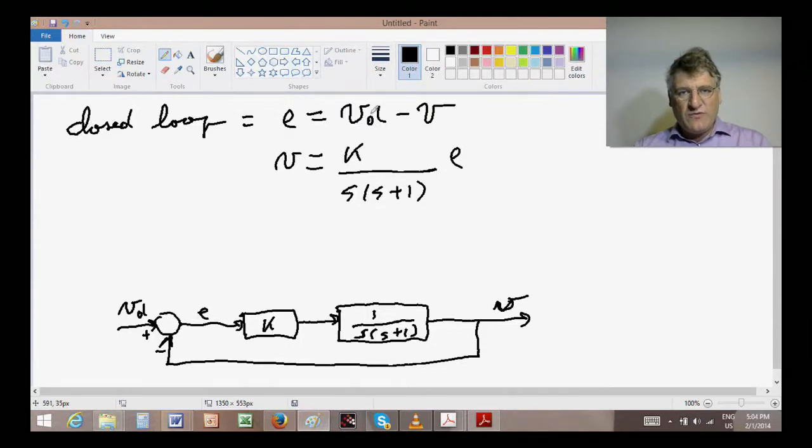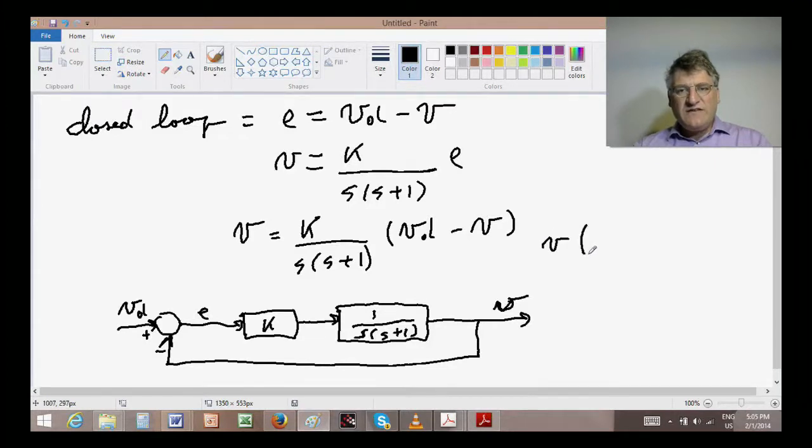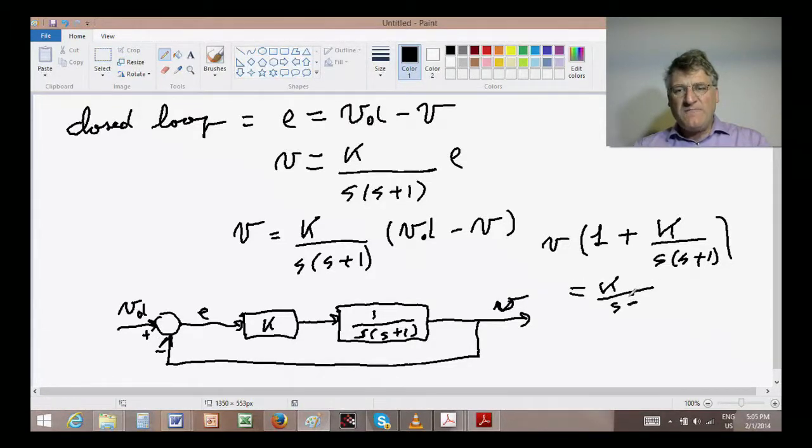So now we can replace E by its value, and we obtain that V is equal to K over S times S plus 1 times VD minus V, or V times 1 plus K over S times S plus 1 must be equal to K over S times S plus 1 times VD.